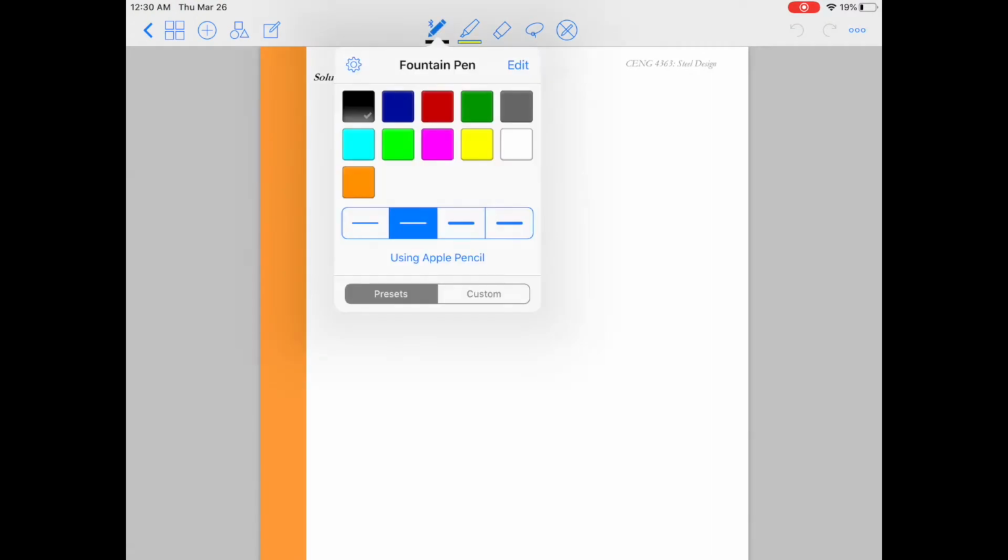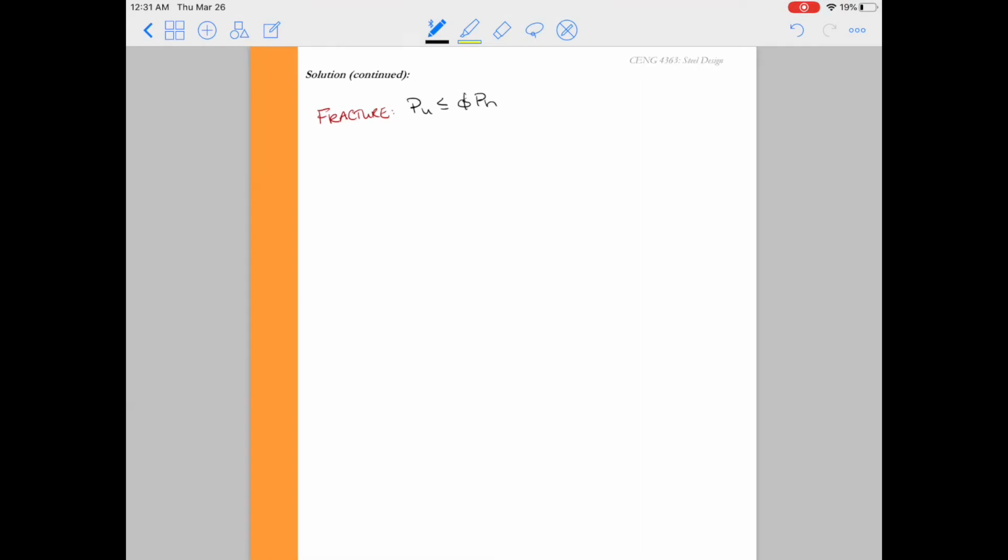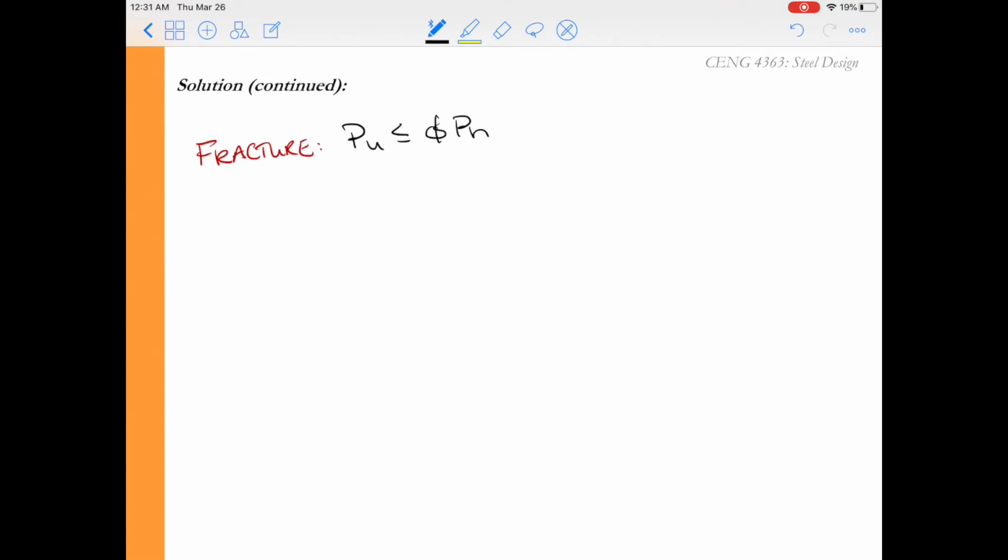Next, we'll move on to our fracture calculations. Our fracture calculations start in the same manner. We say P sub U has to be less than or equal to phi Pn.